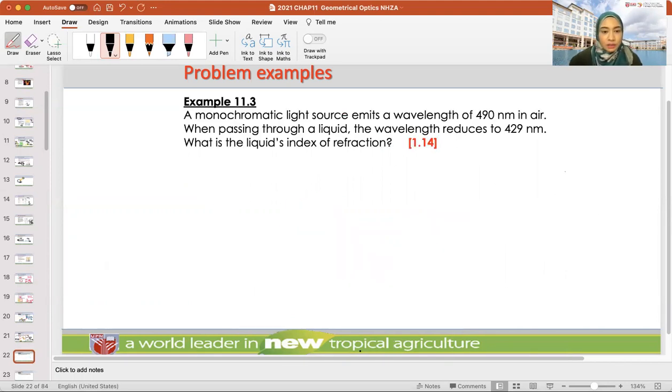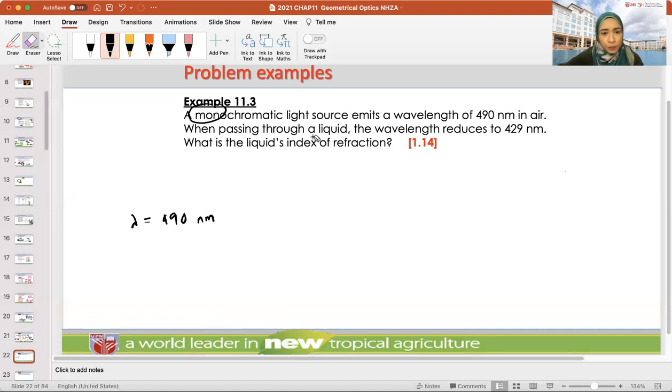Okay. Next one. A monochromatic light source. What does that mean? Mono means one, one wavelength. Monochromatic light means this light only has one wavelength, and the wavelength is 490 nanometers.